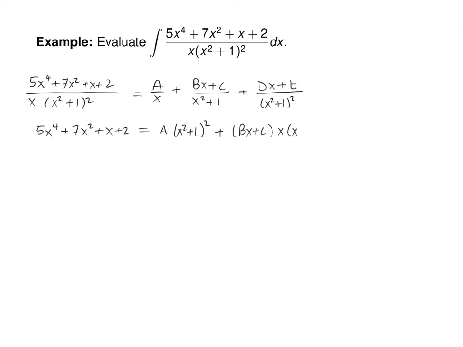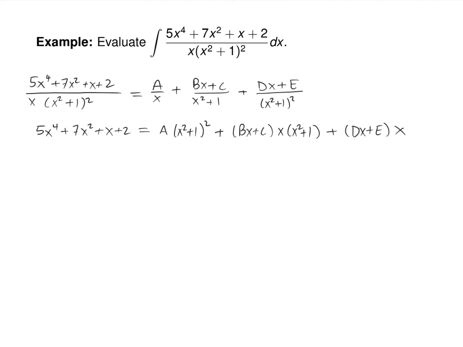X and x squared plus 1. How about the dx plus e? Just x. So you didn't have to do long division on this one? You only have to do long division if the numerator's degree is bigger than or equal to the denominator's degree.